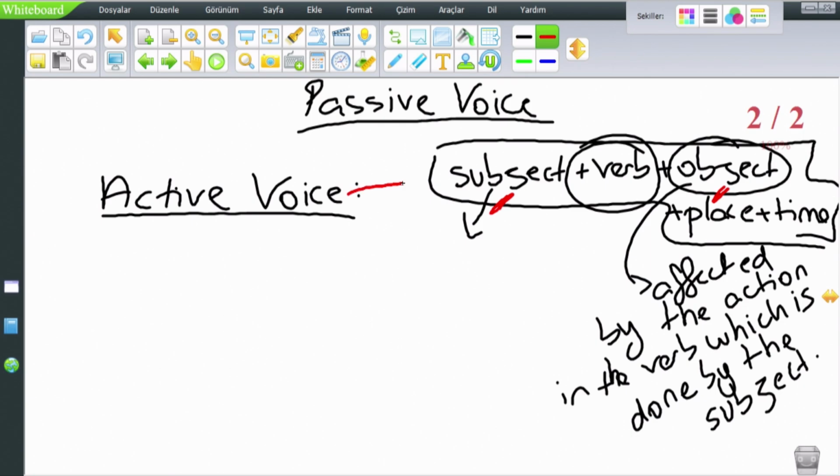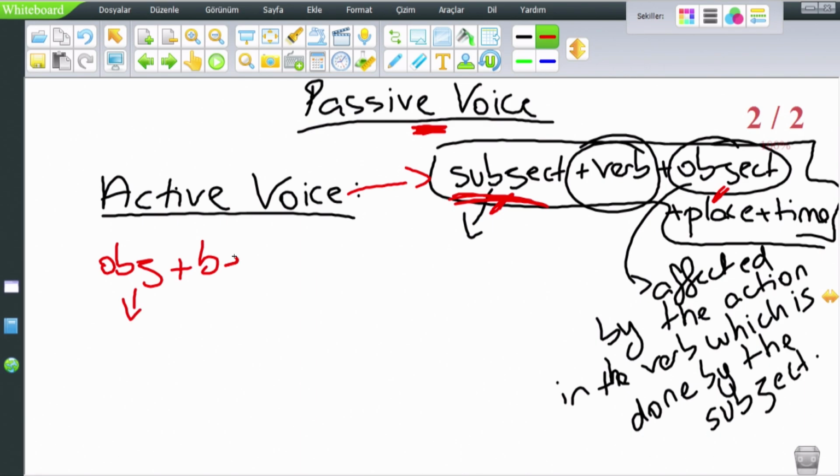This is a rule for our active voice sentences. We start with subject, which actually does the verb of the sentence, and then object, which is influenced or affected by this action. And then we can add place and time. So, in passive voice, what do we do? We take the object of the active voice sentence and put it in the beginning of our sentence.